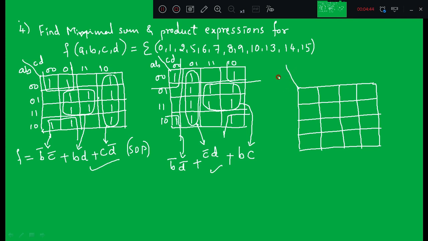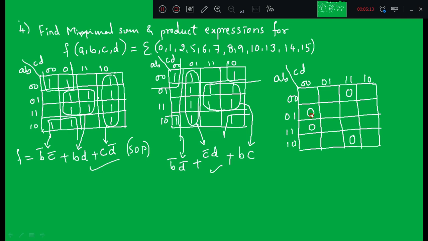Then you make zeros grouping, which we call max term grouping. Which are the cells which are left? That is 3, 4, then 12, then 11. So these are the 4 cells which are empty, so fill those cells with zeros, right?